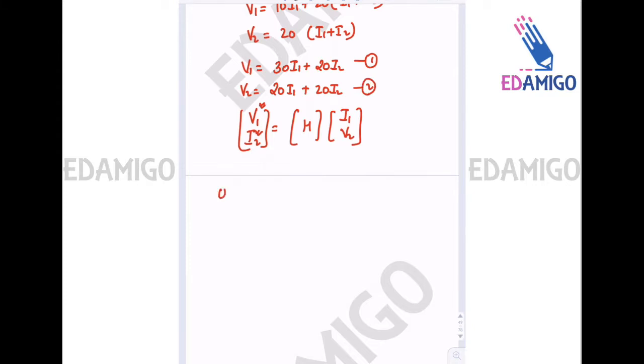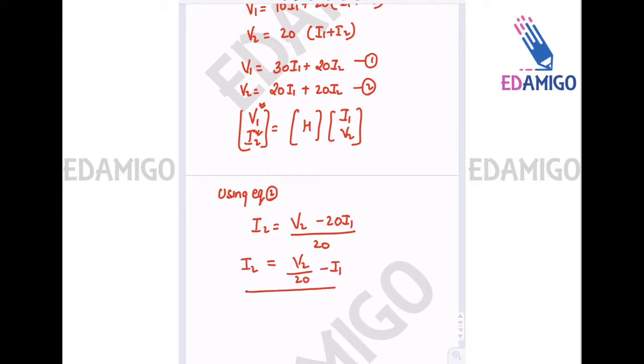Using equation number 2, we can see that I2 is equal to V2 minus 20 I1 divided by 20, that is V2 upon 20 minus I1 is equal to I2. This is equation number 3.